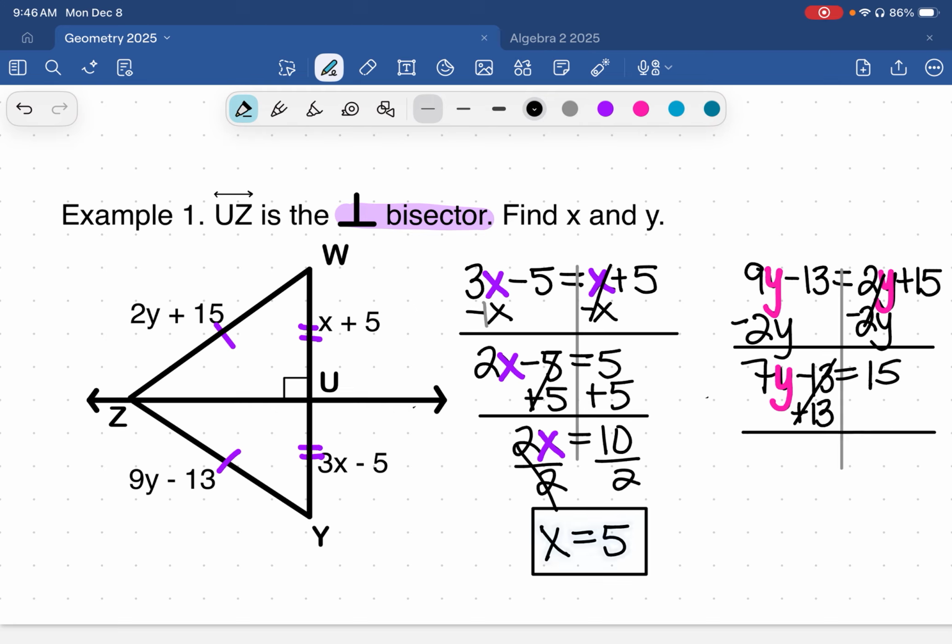The whole purpose of canceling, quote unquote, is to make it go away, to eliminate it, so that I don't have that number there anymore. And then remember, whenever I have a number in front of a variable like y, I'm going to divide, just like I did on the other one with x, and I ended up with y equals 4.